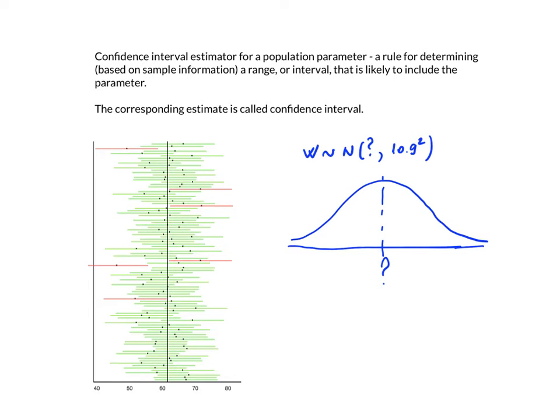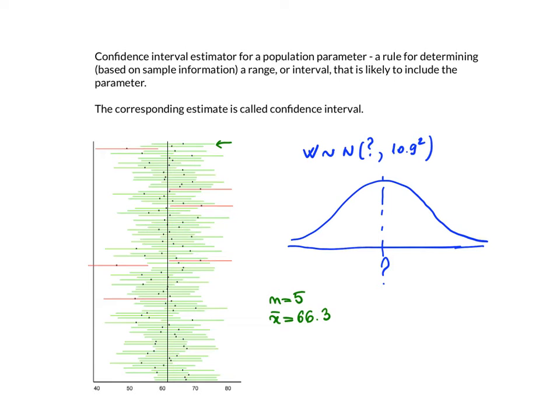So I chose to generate 100 samples. Let's take my last sample generated to see what happens with it. In my last sample of size 5, the mean that I obtained from the sample was 66.3.